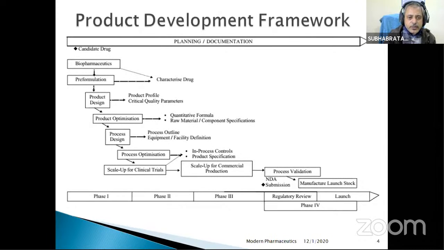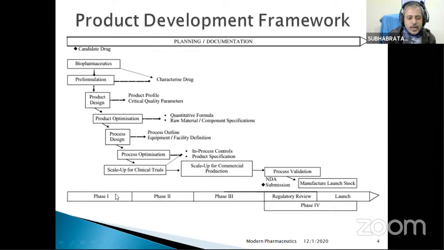Significant advancement has been achieved in the field of analytical technology, so that even using very small quantities, microgram or nanogram level quantities of drugs, we can go for sophisticated analytical techniques. For example, mass spectroscopy, LCMS, or other hyphenated techniques are available now to characterize the API, and these systems require a very small quantity of the drug.